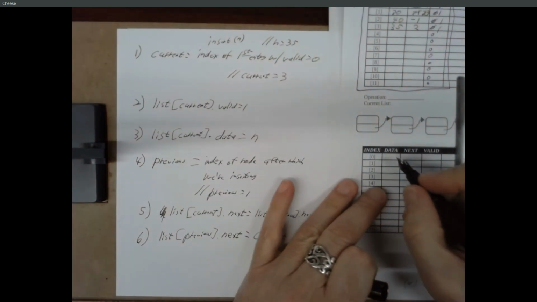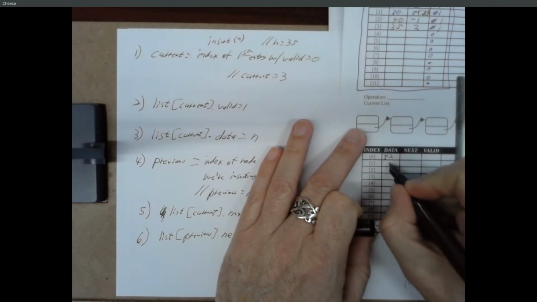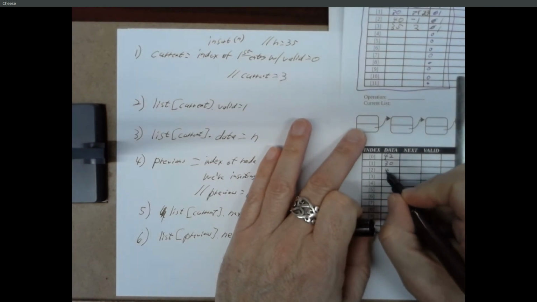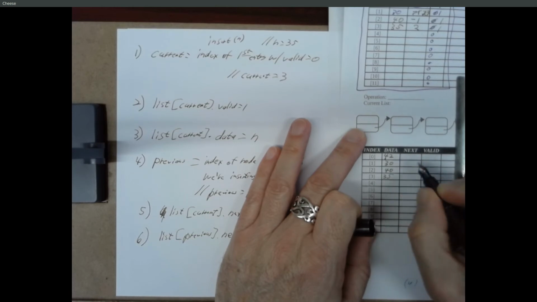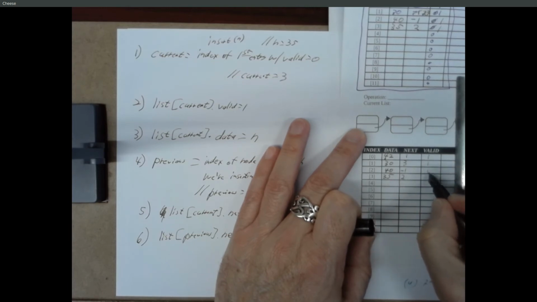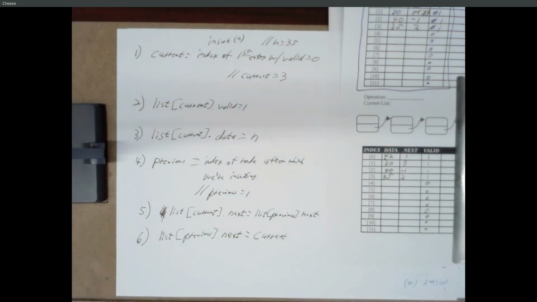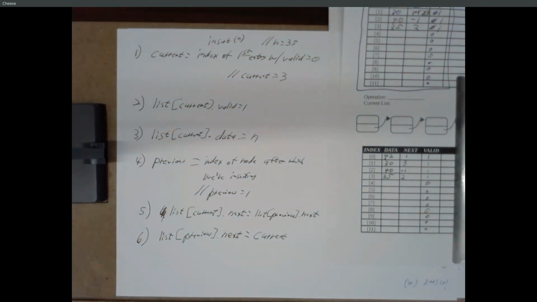Okay, so at this point, I'm going to copy my data down here so that it's not as difficult to read. And I'm going to send you home with some worksheets and some inserts and deletes to perform.